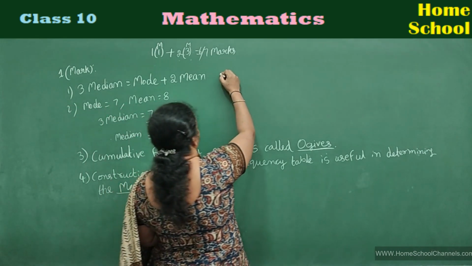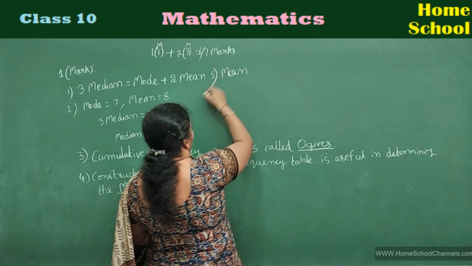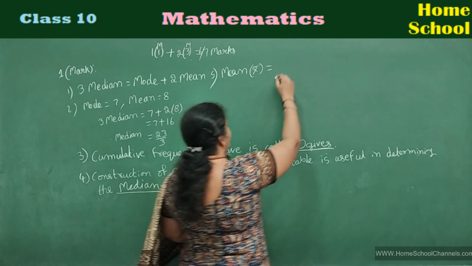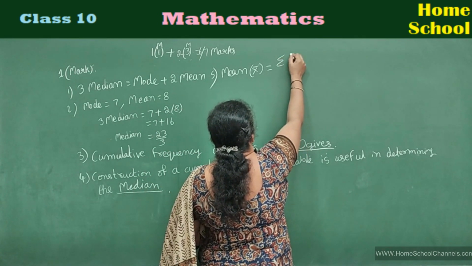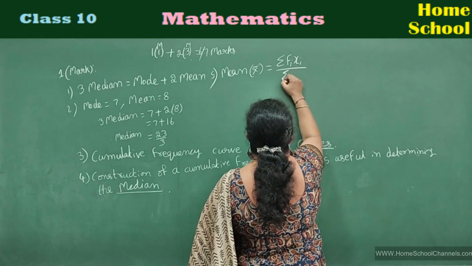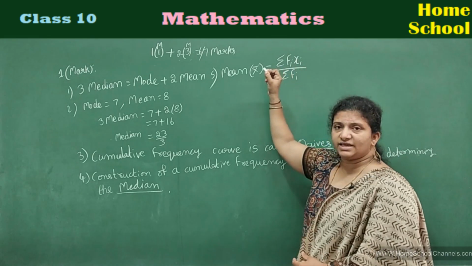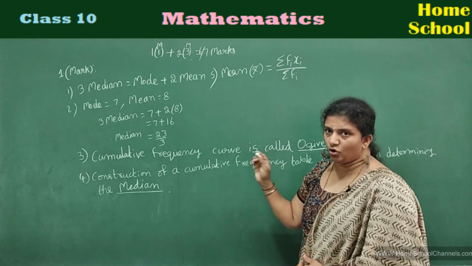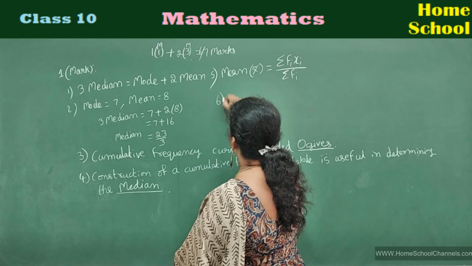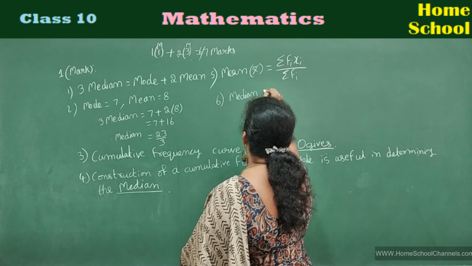And they may ask you, what is the formula for mean x bar? Mean x bar is equal to summation fi xi by summation fi, where f is the frequency and xi is the score. And sixth one, what is the formula for median?